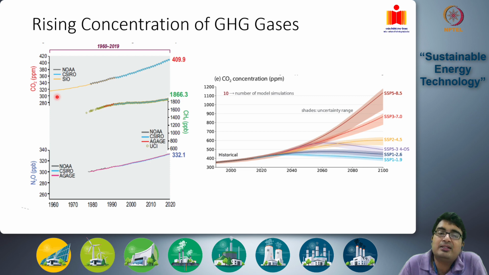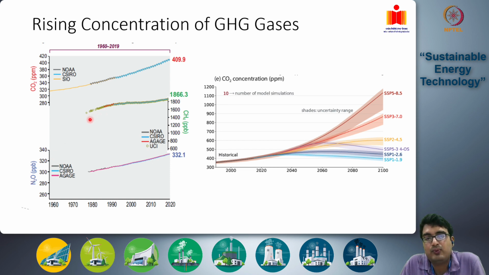Due to the emissions till now, by 2020 this has increased to around 410 parts per million of CO2 concentration in the atmosphere. So we can observe that the CO2 concentration is rising due to human activity. Similarly, we see it for methane and N2O as well.